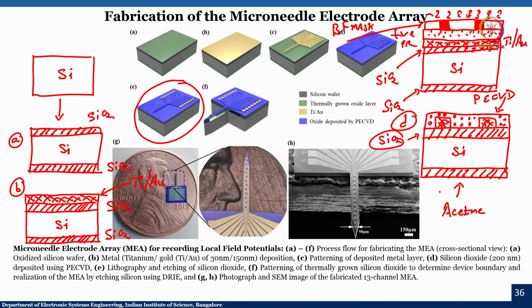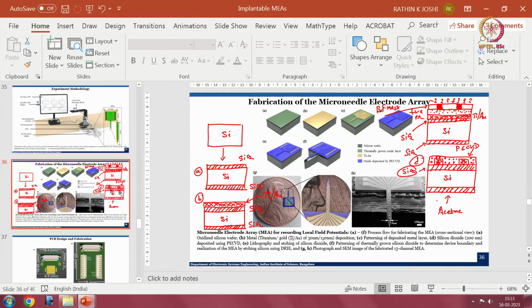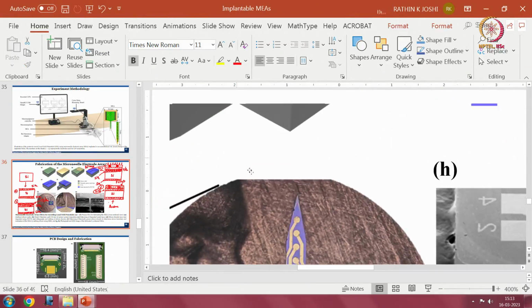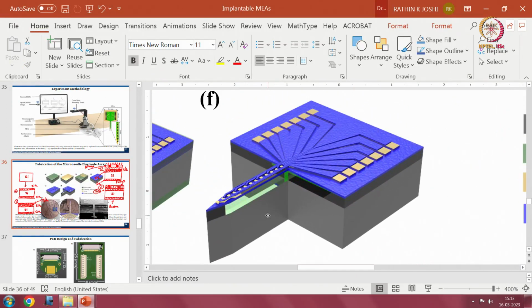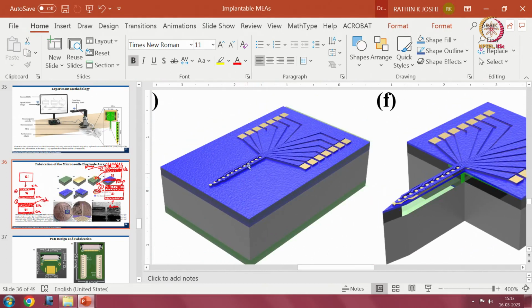You can see here in this microneedle you can see dots, right. Let me just try to zoom in further. I do not think I can zoom in, but let me try. You see here, now you can see very clearly, right.